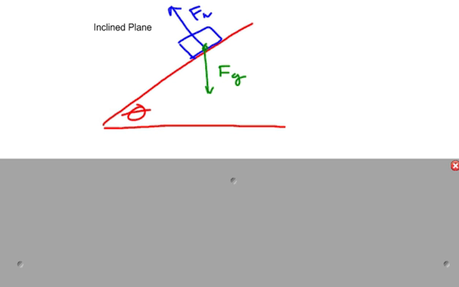Well, what we're going to want to do, we need to break these up into components. And what might be a little bit counterintuitive, but it actually makes the system a lot simpler, is to make our axis like this.